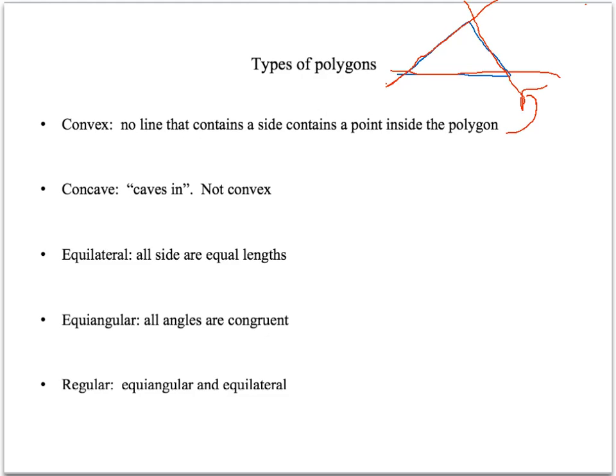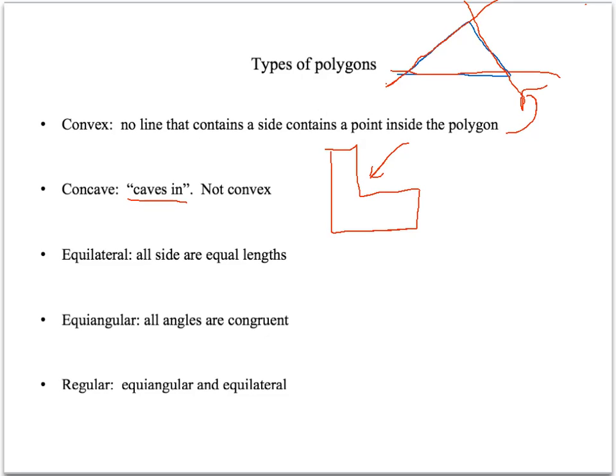Now a concave polygon, it caves in. Another way you can think of it, it's not convex. If I had one that looked like this, this is a concave polygon because this point right here caves in.